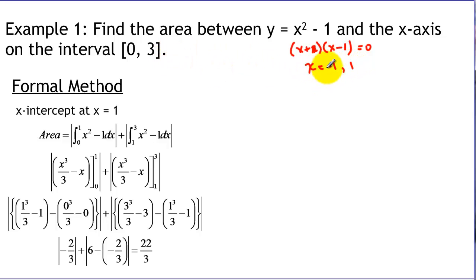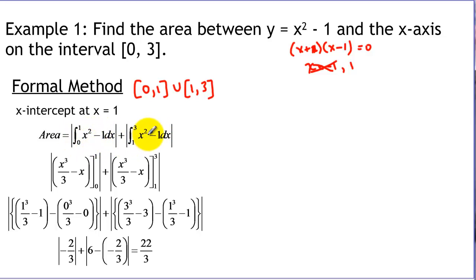Now this -1 is not in our interval, but we have an x-intercept within this interval. So we need to split this up into two intervals, from 0 to 1, and then from 1 to 3. And we will take the area by taking the absolute value of each of those definite integrals.